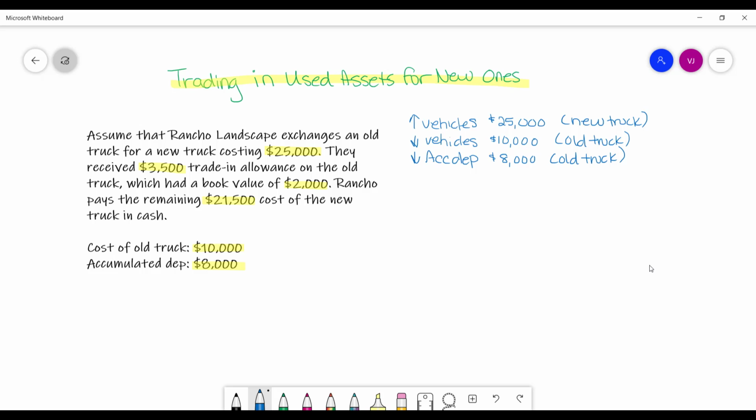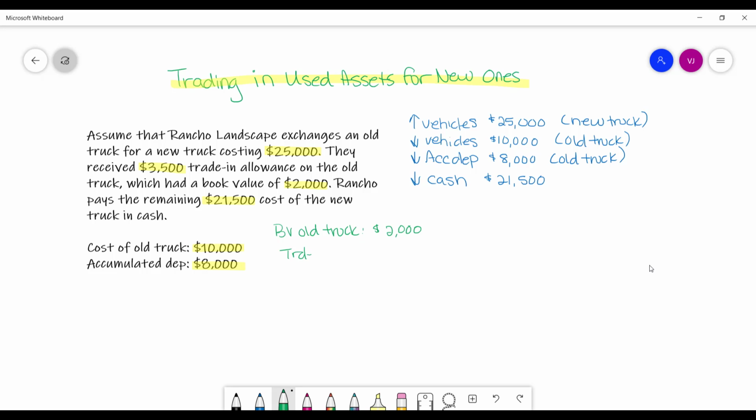Now, in this case so far, we have 3 accounts that would be updated. Now, we're also spending cash on this purchase, so cash is also going down in the amount of $21,500. Now, we need to see if there's any gain or loss here. So the book value of the old truck is $2,000. That's the remaining book value.